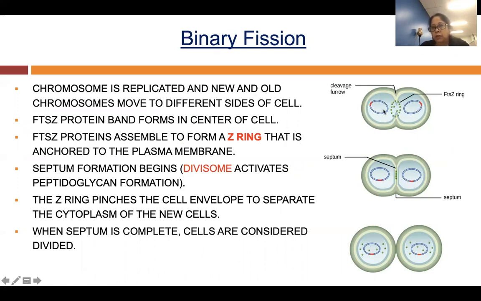After the parent replicates its chromosome, both chromosomes move towards opposite poles. Then at the center, one special type of protein accumulates, and this protein is called FtsZ protein.